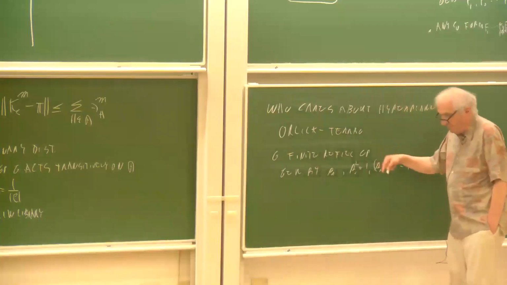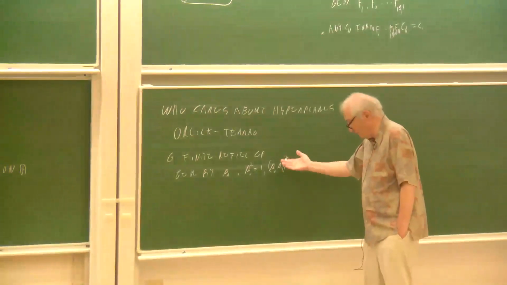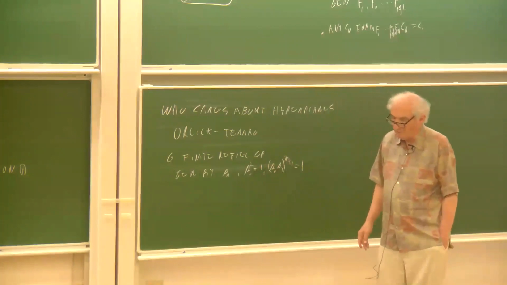So the finite reflection groups, Coxeter groups, are classified: all possible finite groups which are generated by reflections and have this kind of relationship structure.